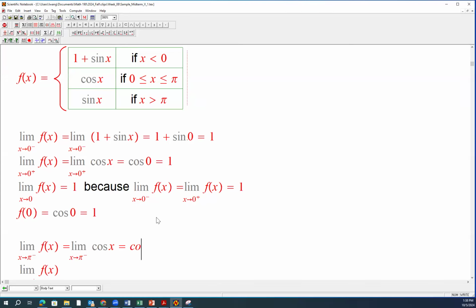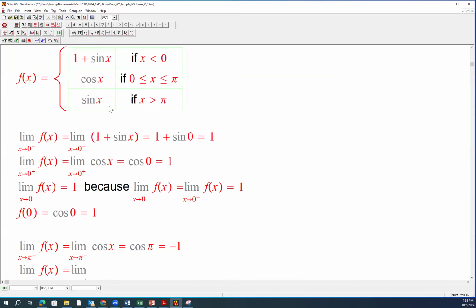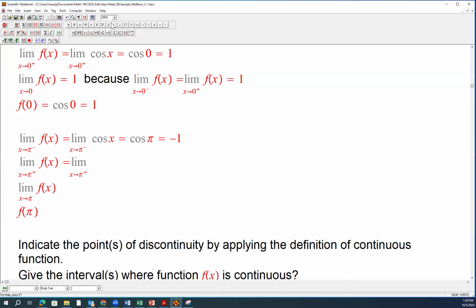This time it's a direct substitution, cosine pi, which equals -1. In the second situation, when x is approaching pi from larger than pi, the function of choice would be sine x. Direct substitution, sine pi is equal to 0.